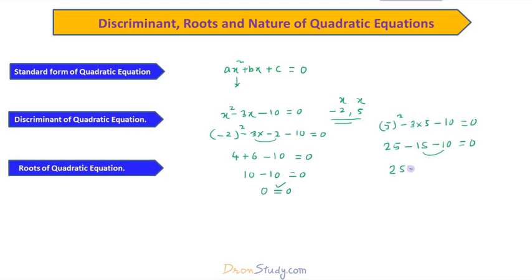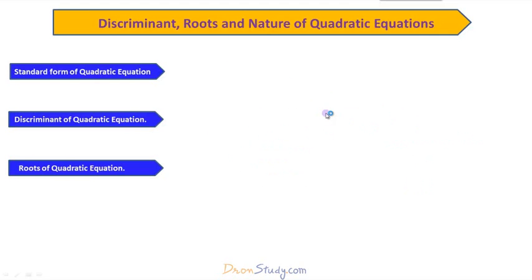So 25 minus 25 is equal to 0. So it will be 0 is equal to 0, and therefore the value is satisfied, and so we can say that 5 is also a root of the given equation. So in this case, minus 2 and 5 are the roots of the given equation.